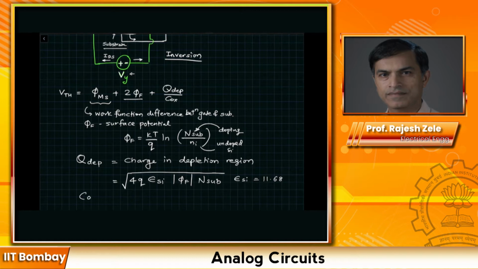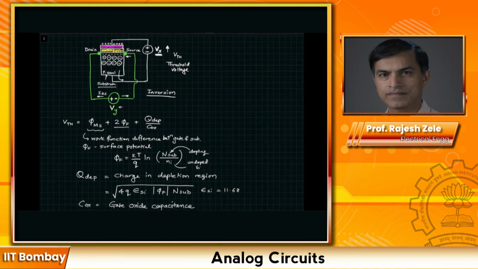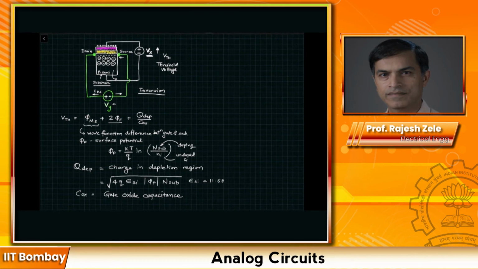Cox is the gate oxide capacitance. Another insight is, if we reduce the thickness of the oxide region, then we expect the capacitance Cox to increase. Another way to think about it is that if you reduce the thickness of the oxide, the gate would have stronger influence on the channel, and even at a lower Vx value you would have inverted the channel.